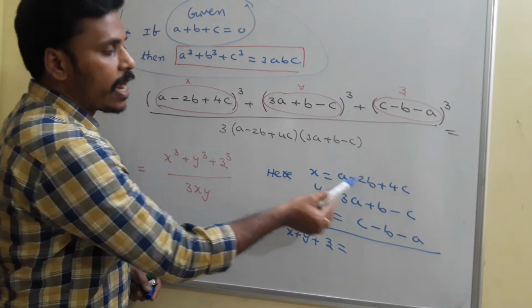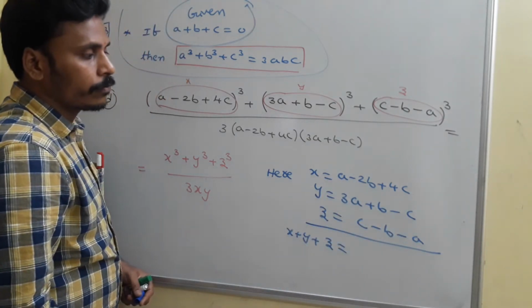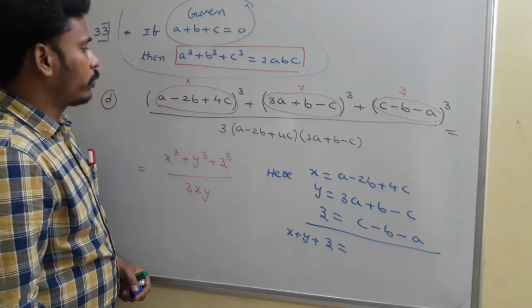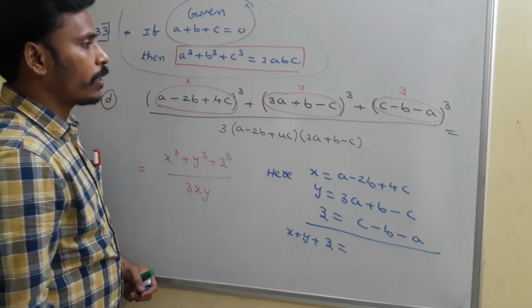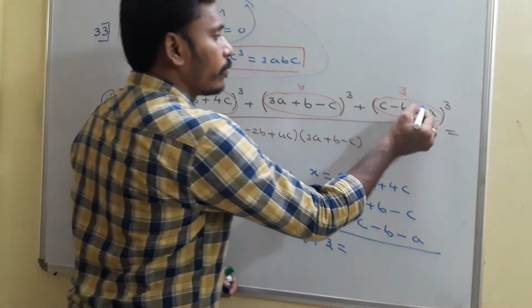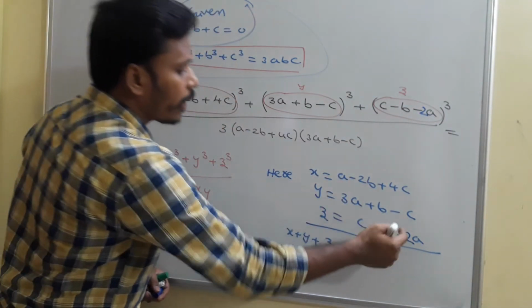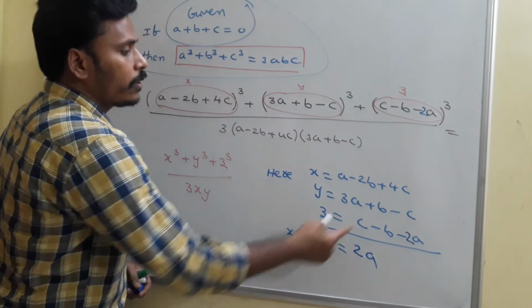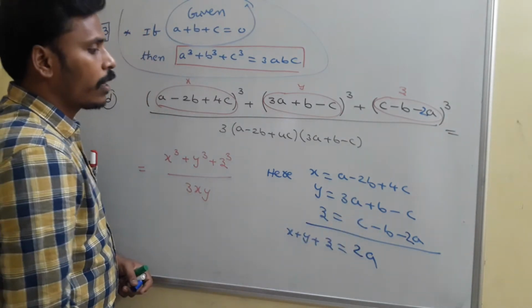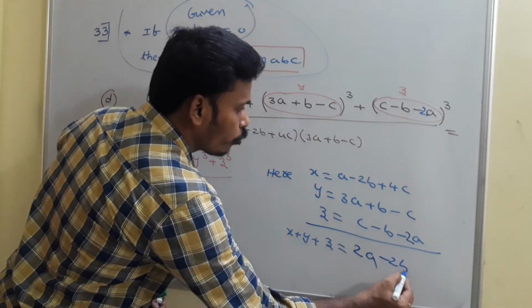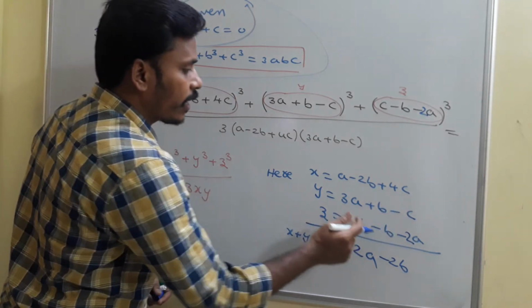If you add, a and a will get cancelled. Here you need to take 2a. So a plus 3a is 4a minus 2a is 2a. This b and b will get cancelled, and I will get here minus 2b. This c and c will get cancelled.